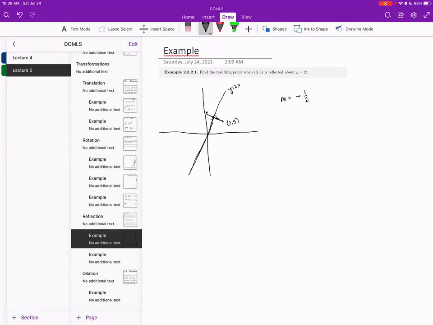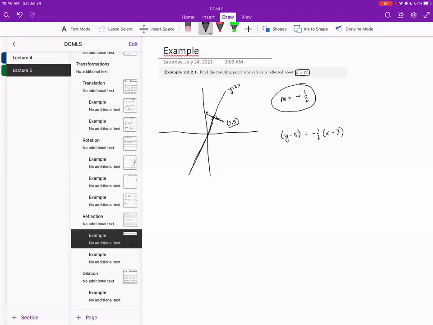Our point is 3, 5, because we want the line to pass through 3, 5, and our slope is negative half. So our line is y minus 5 equals negative half times x minus 3. Now let's solve for slope-intercept form, because this other line is also in slope-intercept form, and when we solve our set of equations, it'll be easier if they're both in slope-intercept form.